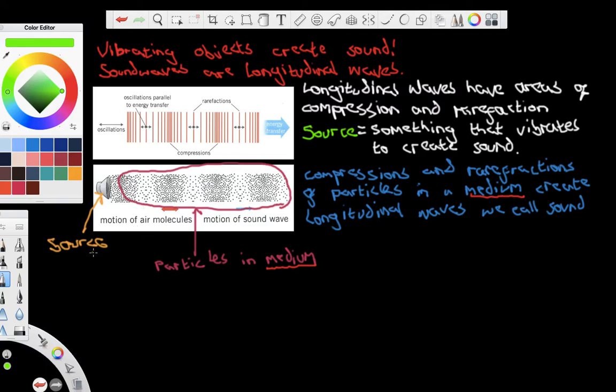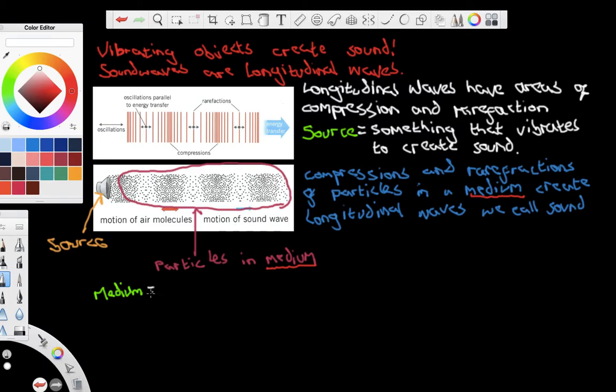So a medium is simply a solid, liquid, or gas. Okay, it's an area where particles are found.